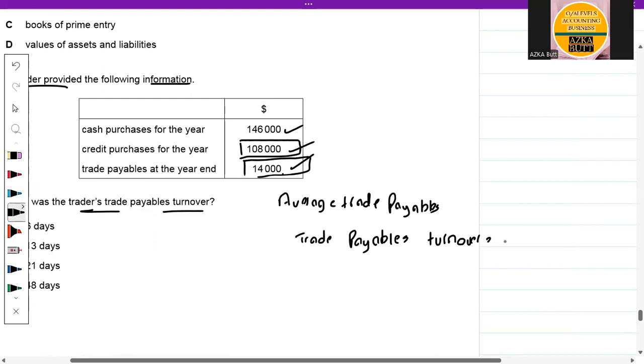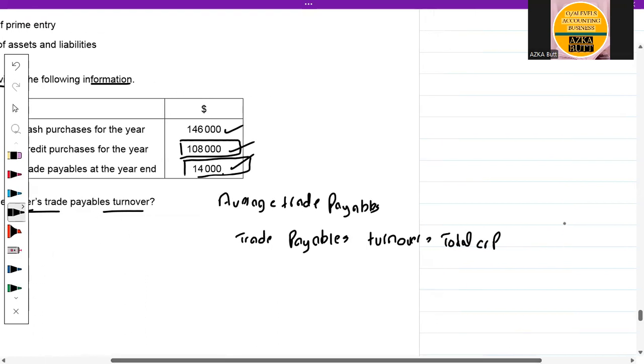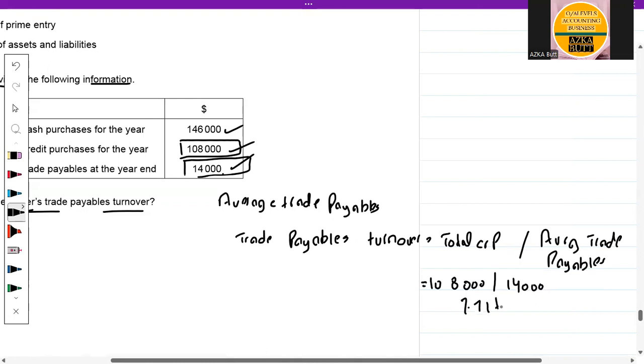It is equal to total credit purchases divided by average trade payables. So total credit purchases are 108,000 divided by 14,000. This gives us the answer, which is 7.71 times, but we have to convert it into days.